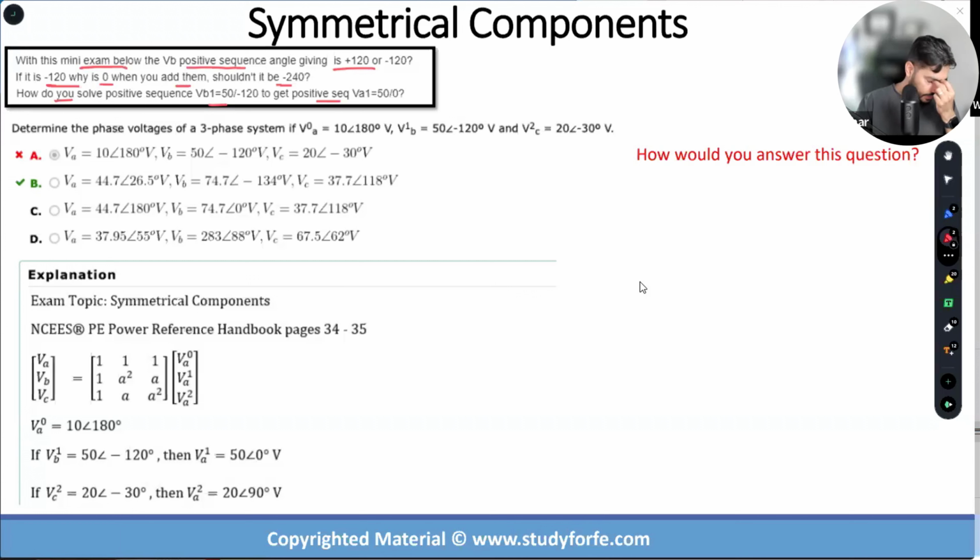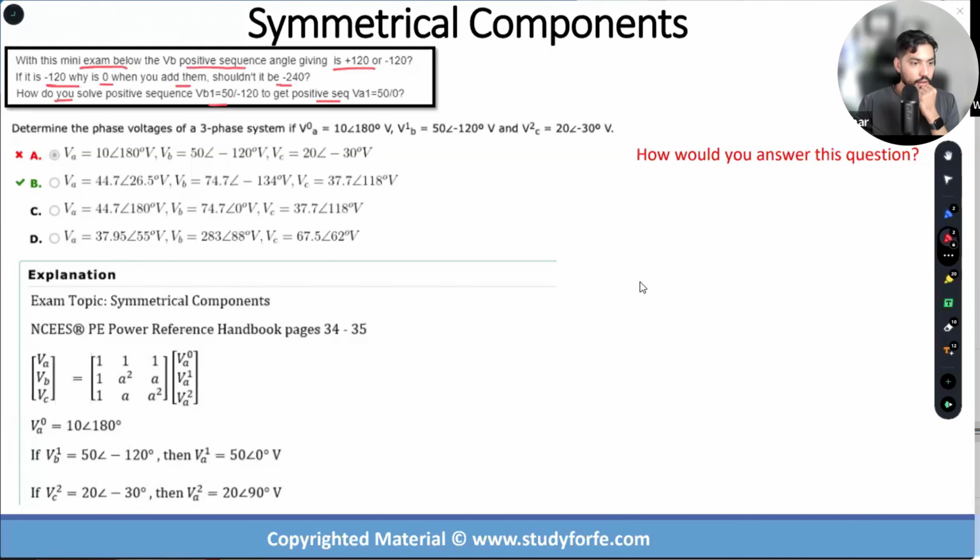Now, guys, when we are using symmetrical components, what's the primary motivation for using them? To figure out the voltage and current quantities in an unbalanced system. That's the key. Chris, you're right.